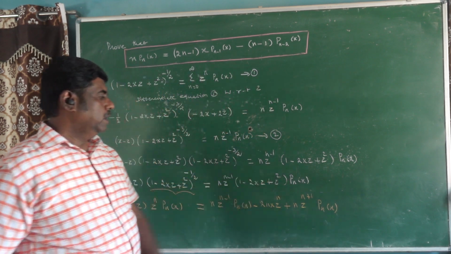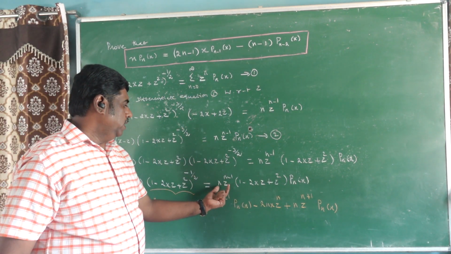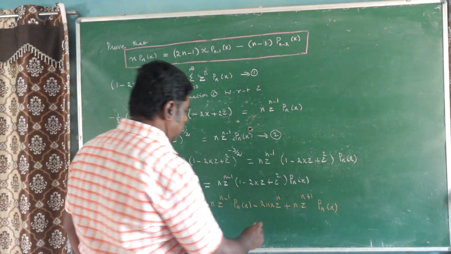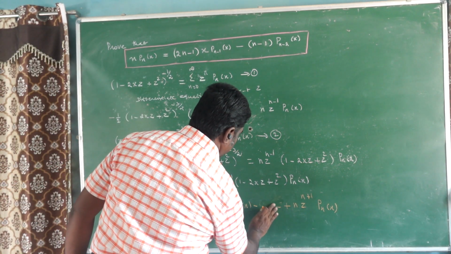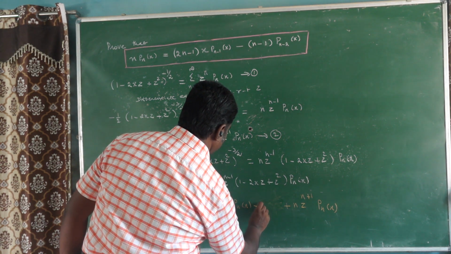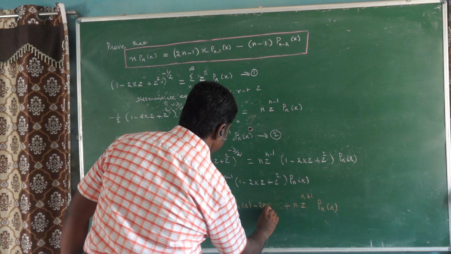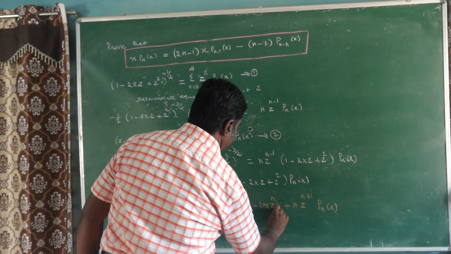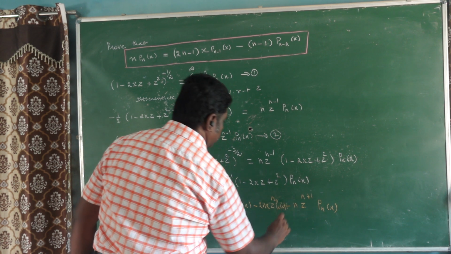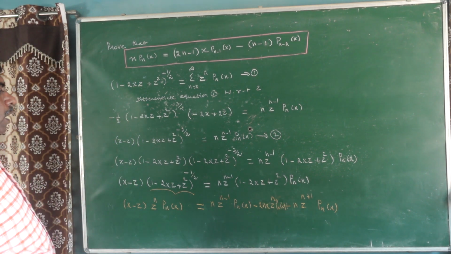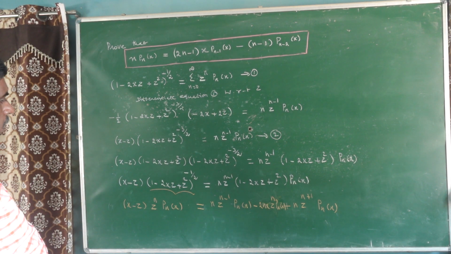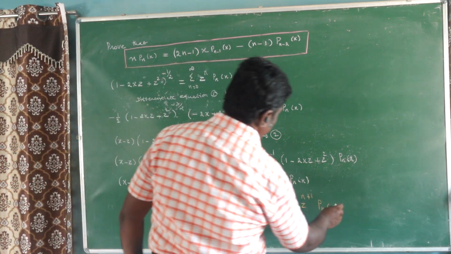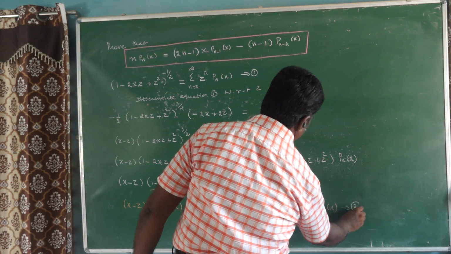Just I have multiplied all the terms by n z power n minus 1. Here we have n z power n minus 1 Pn of x minus 2nx z power n into Pn of x. Consider this as equation 3.